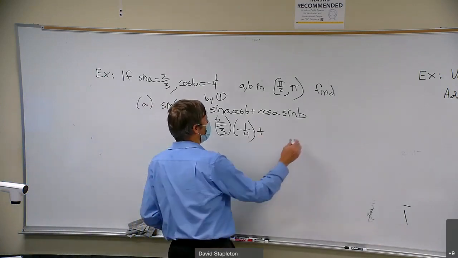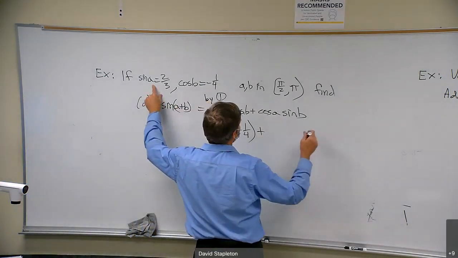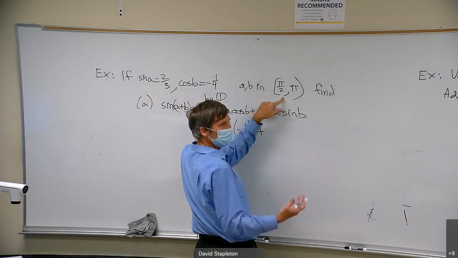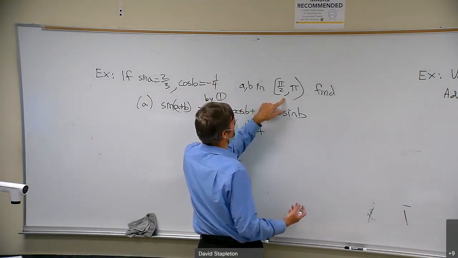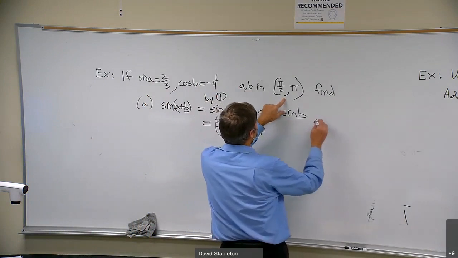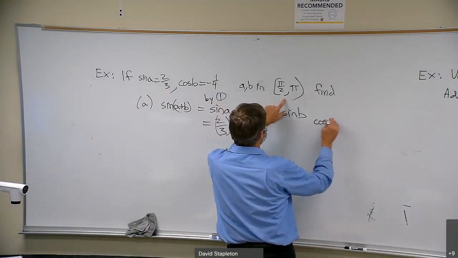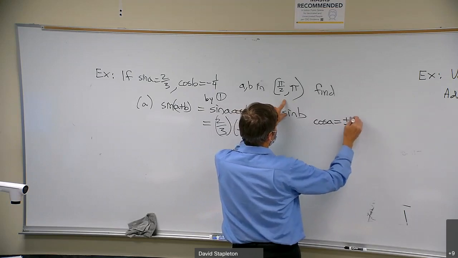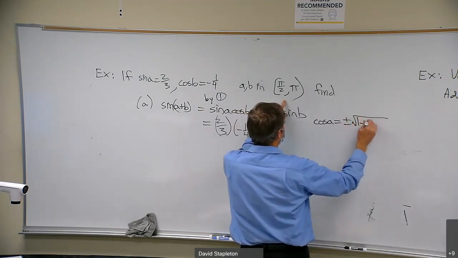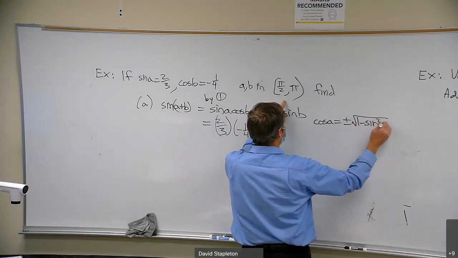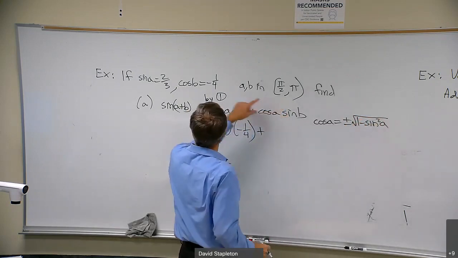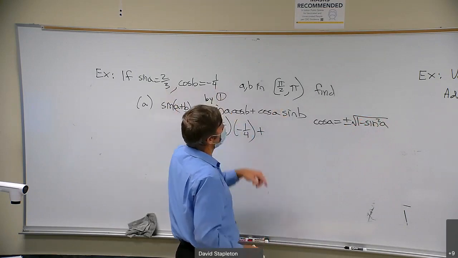Here's what you can do. If you know the sine of A and the quadrant, you can find all 6 trig functions, right? Remember that? If you're given a trig function and a quadrant, cosine of A is, by the Pythagorean identity solved for cosine, plus or minus the square root of 1 minus sine squared.